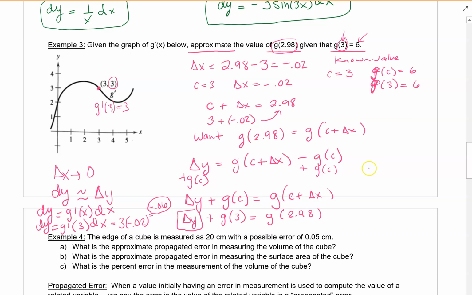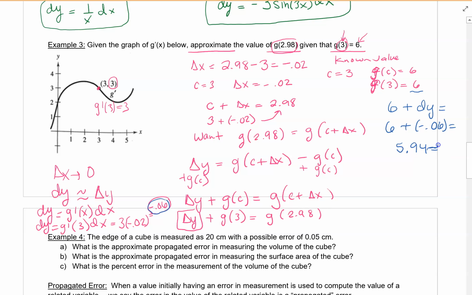So I'm going to bring this over here. I know that g of 3 is 6, and I know that if I add this change in y, I'm going to add this dy, that'd be 6 plus negative 0.06. My y value dropped by 0.06, so my new y value would be 5.94.